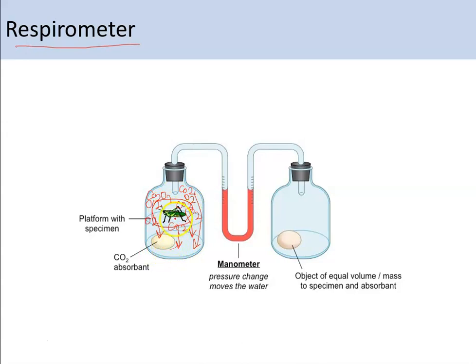So the usage of the oxygen can be monitored by the movement of this colored oil. Pause the video and tell me what happens if the oxygen here is used by the insect. Carbon dioxide will be absorbed here, oxygen will be used by the insect, and what happens to this oil color?